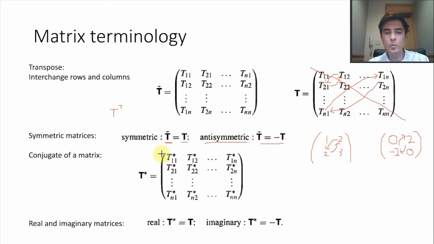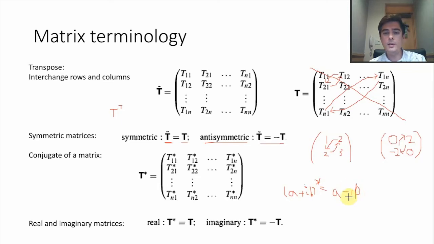If all the elements here were real numbers, then of course the conjugation does nothing. Remember, for the complex conjugate, if we've got any complex number a plus ib, then if I take the star of this, it becomes a minus ib, right?